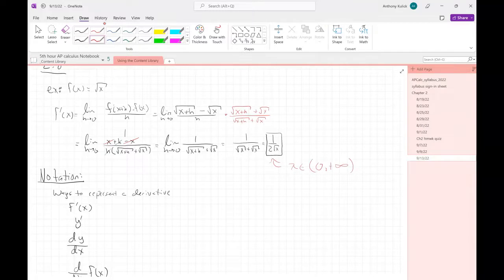Note that that is a different domain than f of x, which was differentiable on the closed interval from 0 to positive infinity. Because the x is in the denominator, right? Can't have a 0 denominator. The other one, the x is in the numerator, so a 0 numerator, okay.